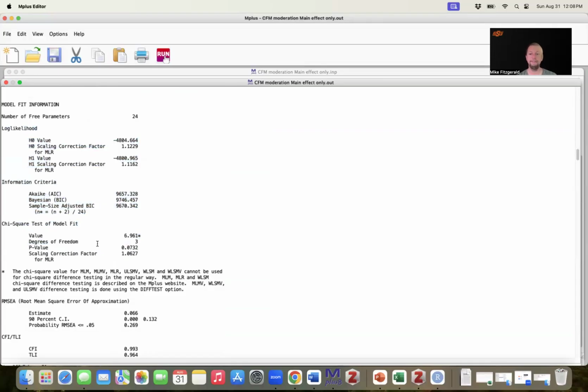And here's where we're going to evaluate model data fit. All right, so we have 3 degrees of freedom. Our chi-square is 6.96. Our scaling correction factor is 1.06. If the value of this is below 1.05, as a general guideline, generally that scaling correction factor is not needed. So we may even be able to remove the robust part of this and just use regular maximum likelihood.